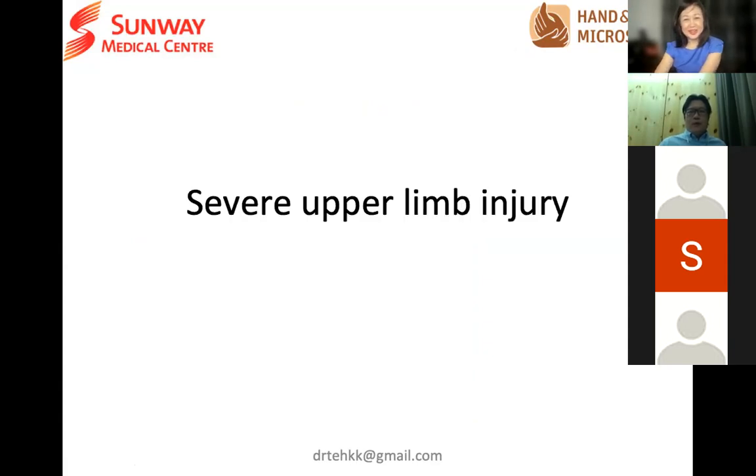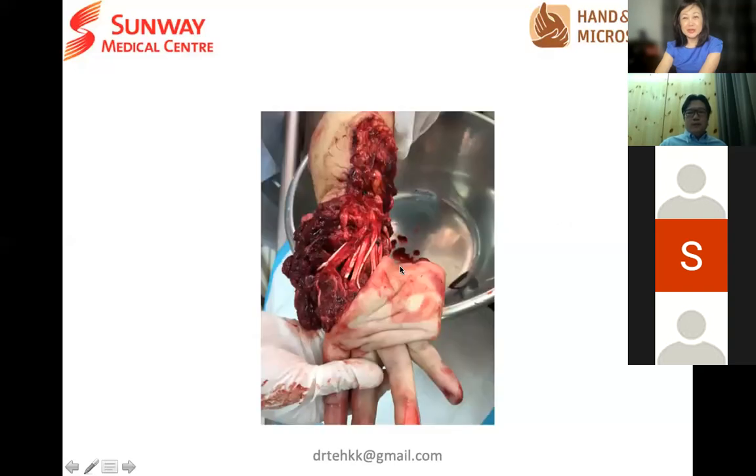So other things like severe upper limb injury like this. So this is a young lady. She was a vet student then, and she has since graduated. So this is her hand. She presented to the emergency department in a small little clinic kesihatan in Sandakan.